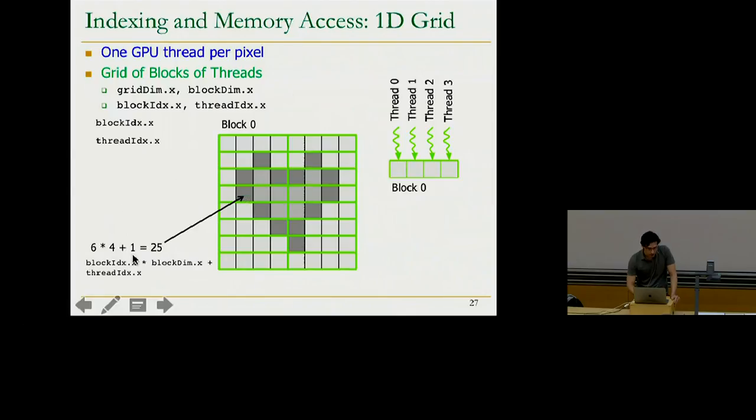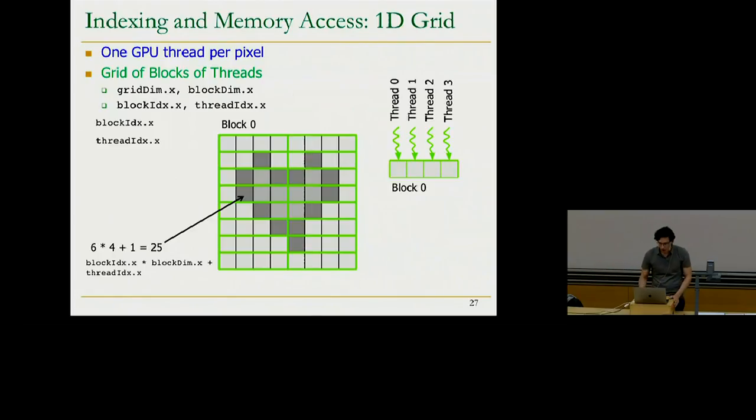So this is a way, using this global index, that threads are going to know, okay, I have to work with this specific pixel. I will have to access it in memory, compute something, and maybe write it in a different or maybe the same memory location.